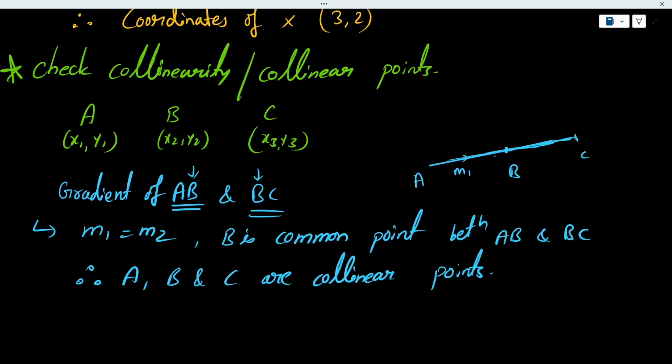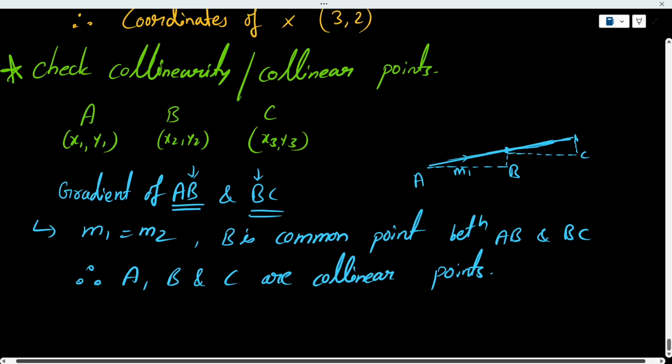So whatever rise over run is in AB, the same rise over run will be in BC. That means all 3 points are on a straight line. So for collinearity, you find out the gradient of any two lines, and if they have a common point, you can say that it's a collinear point.